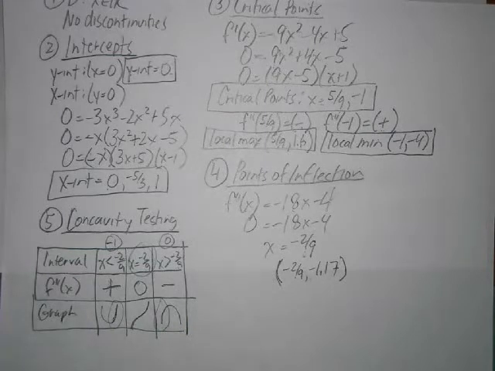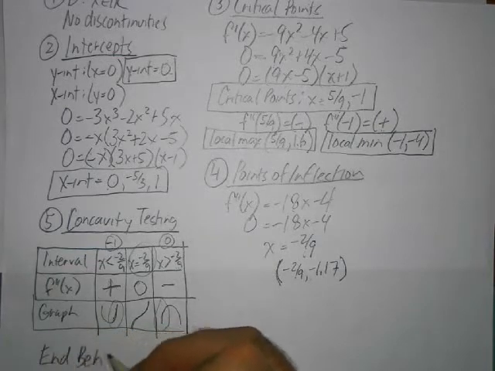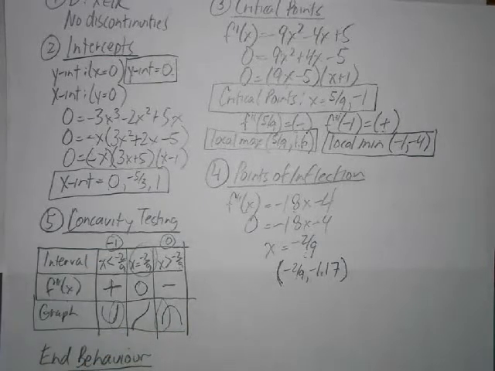The only other thing: there was no need to look for vertical asymptotes, but there are also no horizontal asymptotes for polynomials. So one thing we could do is look at the end behavior. We don't absolutely have to do this, but it's always a good check because sometimes weird things can happen or mistakes are made, and this is a good sanity check.